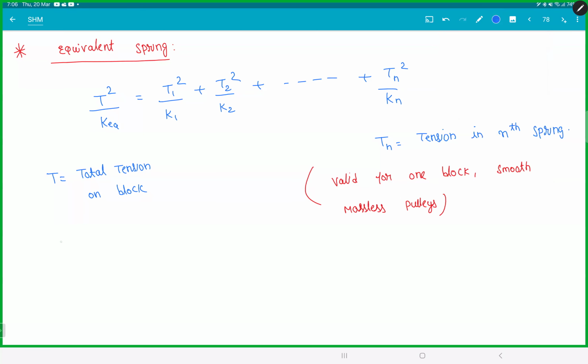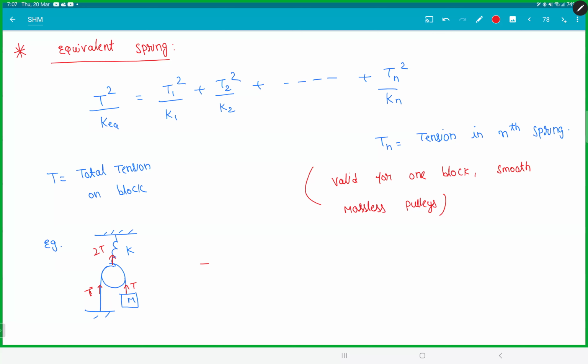So let me take an example, the previous problem which we did. This is how you start. Let the tension be T anywhere. It doesn't matter. Take T anywhere you want. I will take T here. If this is T, this is also T. That means this tension will be 2T.